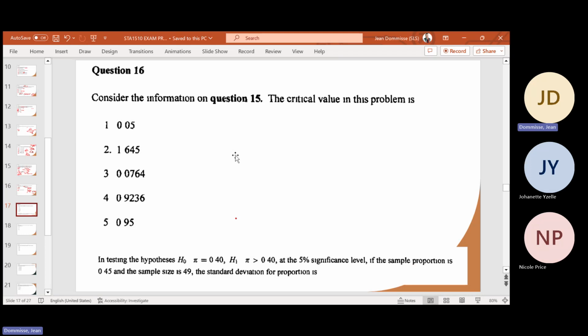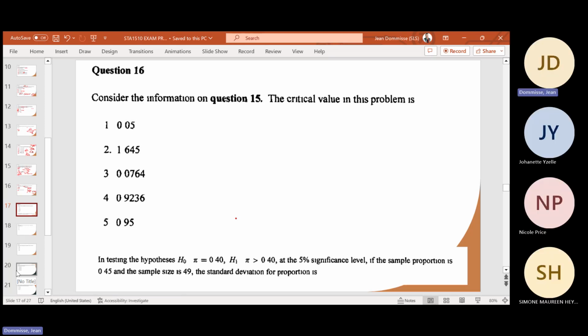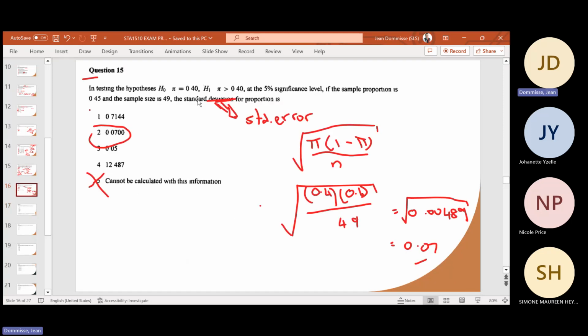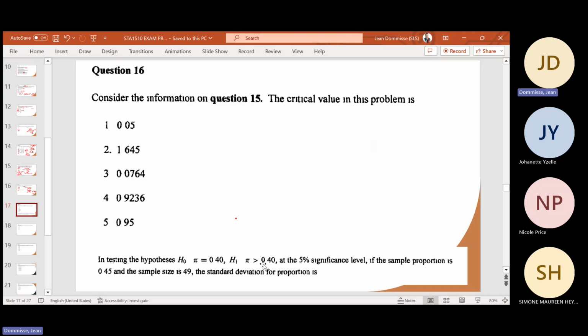Question 16 continued from question 15, and you can see there's some information that I just copied from question 15. In your exam, remember this was pre-COVID, so it was paper-based, but if you need data or information from a previous question, it will be given to you again in the next question.